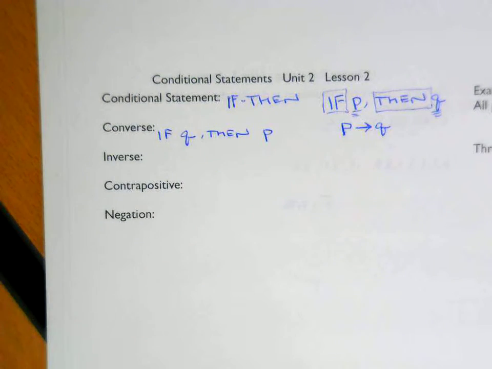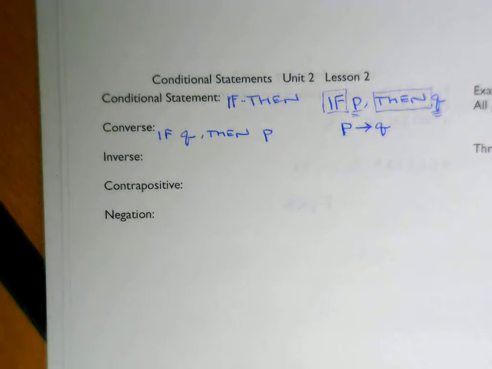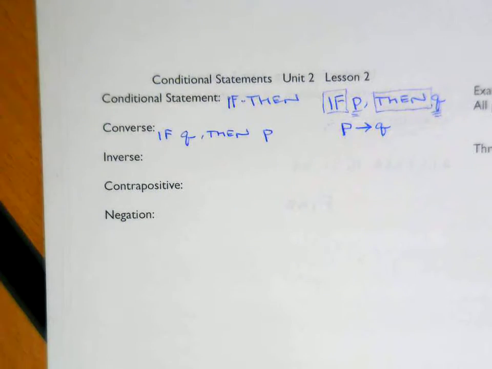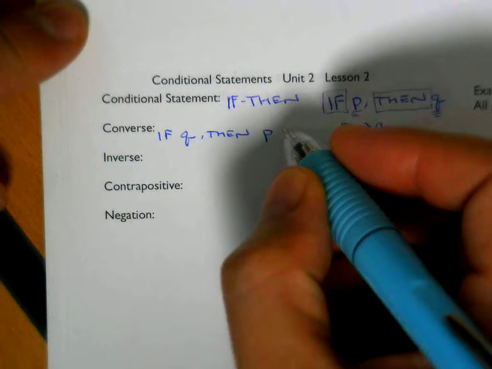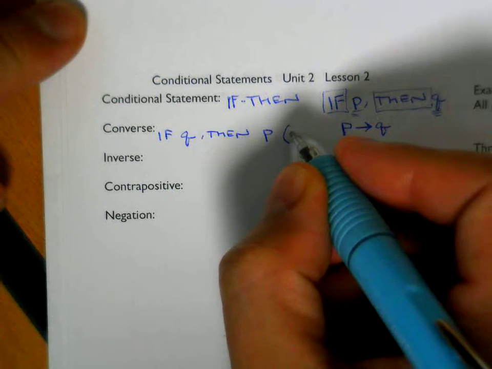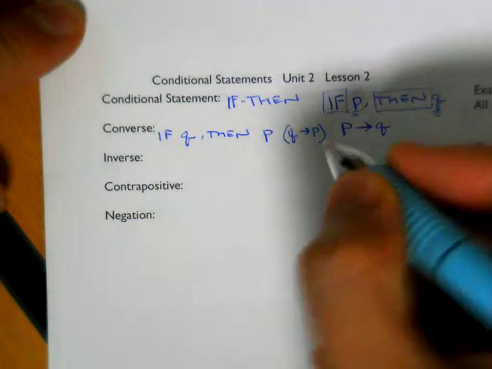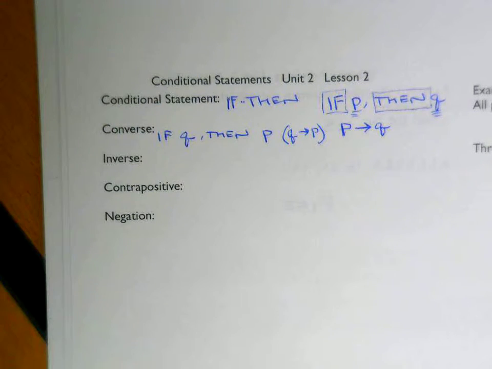Sometimes your conditional statement could be true and your converse false, or they could both be true or both false. We'll look more into that later when we talk about truth tables. So this would be in the form if Q, then P.